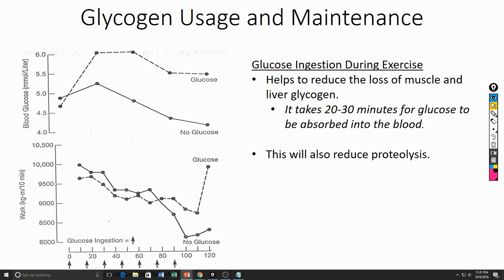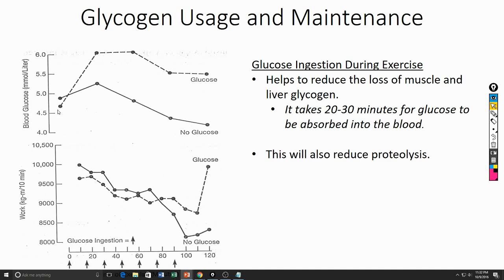So something that's come about in probably the last 2-3 decades has been the idea of drinking sugar or taking in food while you work out, and that way you can have more of it in your system and then save your glycogen.